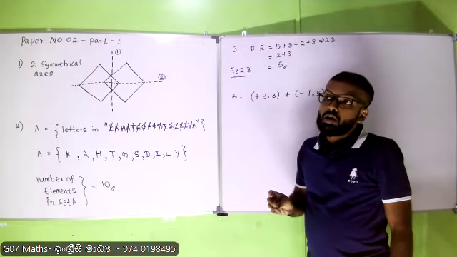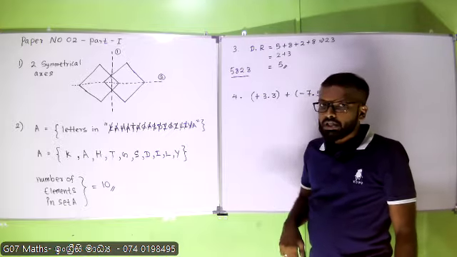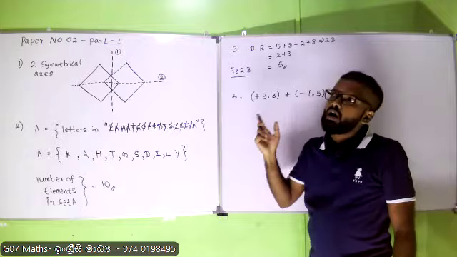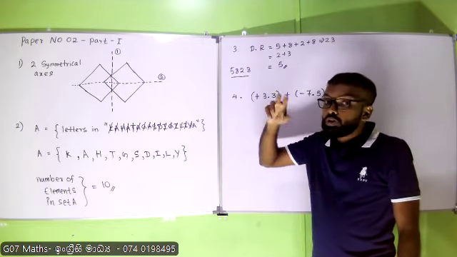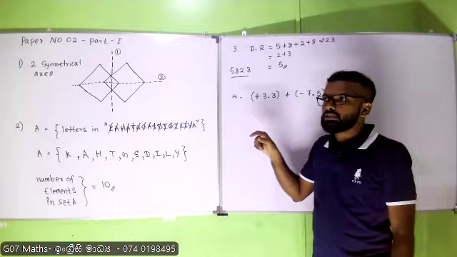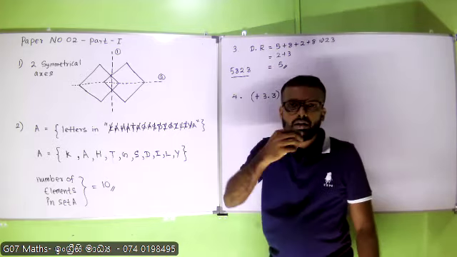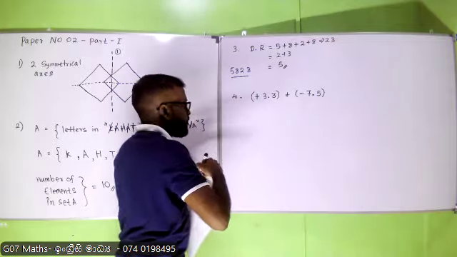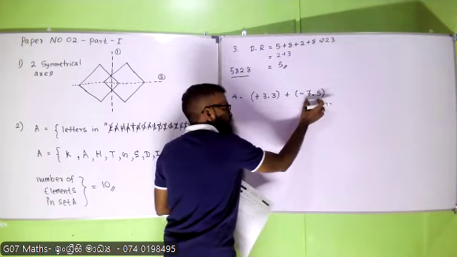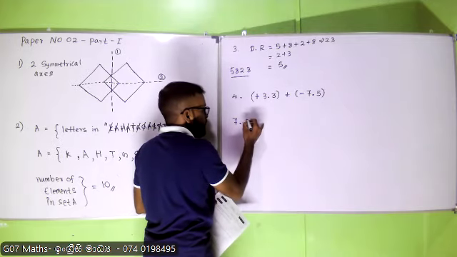Now you know those are actually two directed numbers. If you have two directed numbers, that means two different signs, and you forget the signs and get the subtraction of those two numbers. So the biggest number is 7.5.